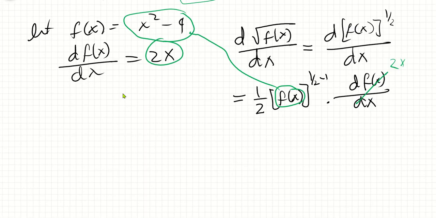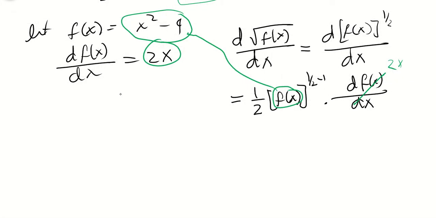So we have now the derivative is 1 half multiplied with f of x, x squared minus 4 raised to 1 half minus 1, which is negative 1 half. Then you multiply it with 2x, and the 2 here will cancel out.